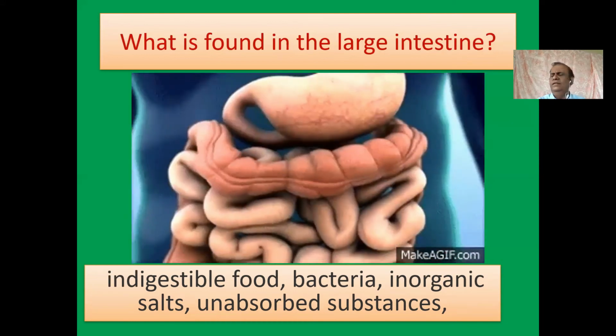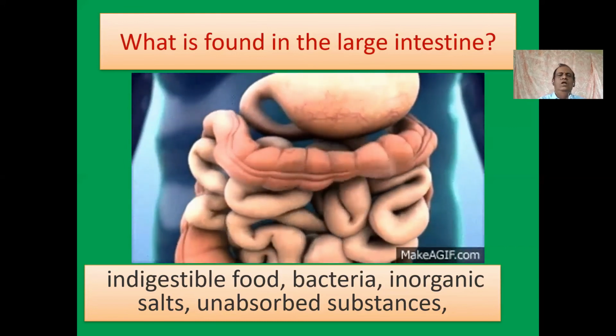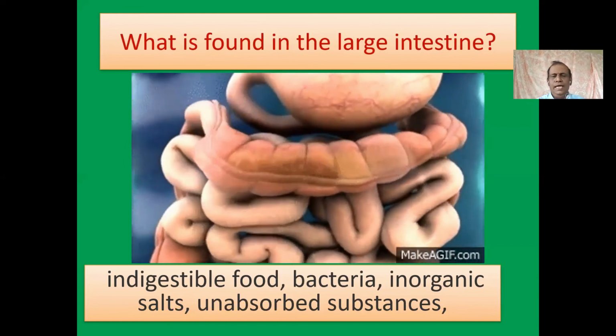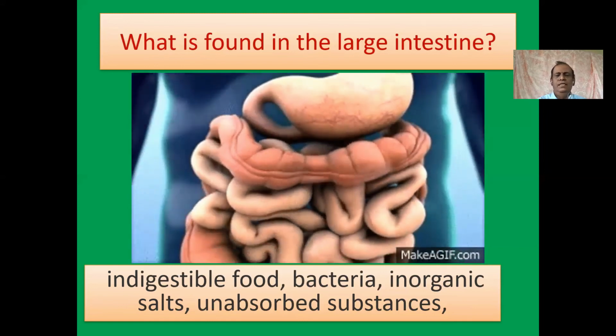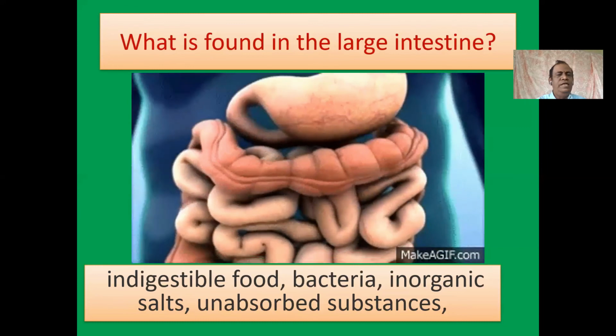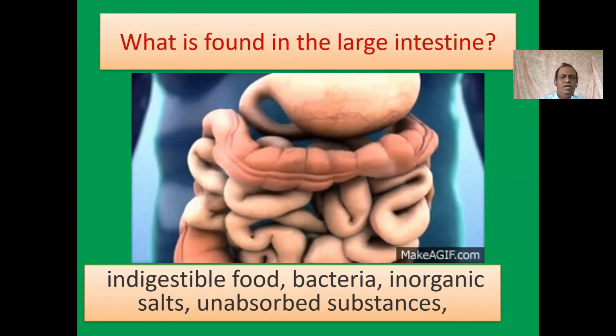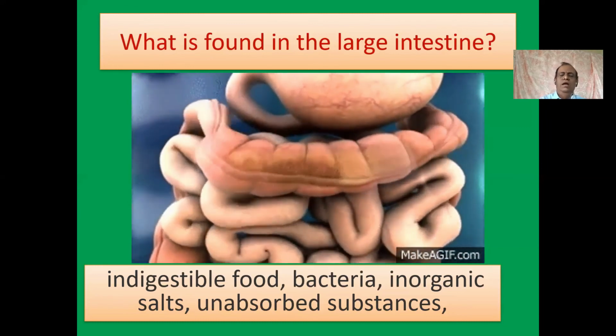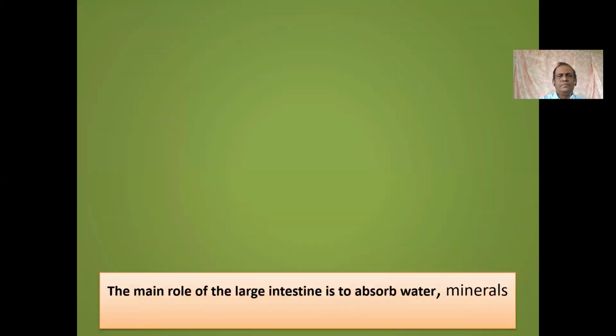Especially cellulose also. Cellulose is digested well in other animals like cows and cattle, but our body is not adapted to digest cellulose. So cellulose is also found in the large intestine.